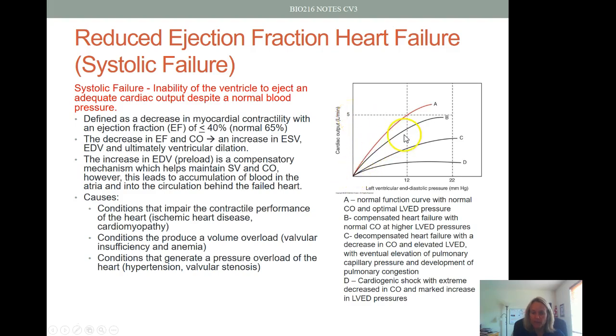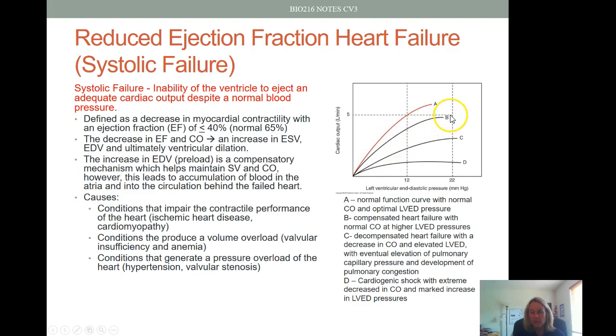B shows a compensated heart failure. So as the heart fails, then we're going to see an increase in the end diastolic volume, and that's going to lead to an increase in end diastolic pressure, and that can be compensated. In other words, we can still generate a similar cardiac output, but at a much higher pressure. Okay, and that's shown here in B.